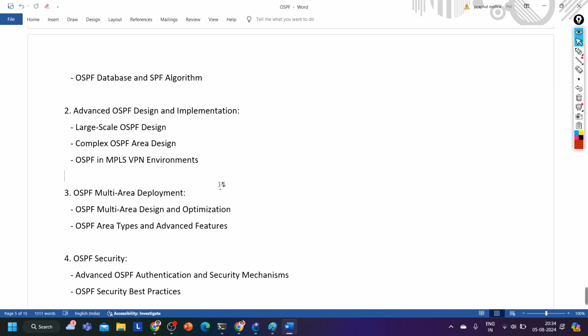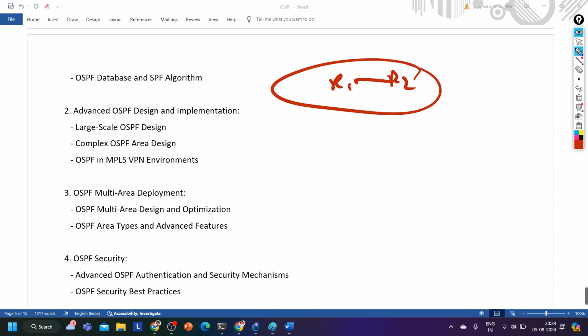Here in the live class, we are connecting 2 routers, 5 routers, 10 routers directly with each other. But in real time, why would you connect 2 routers directly, R1 and R2?